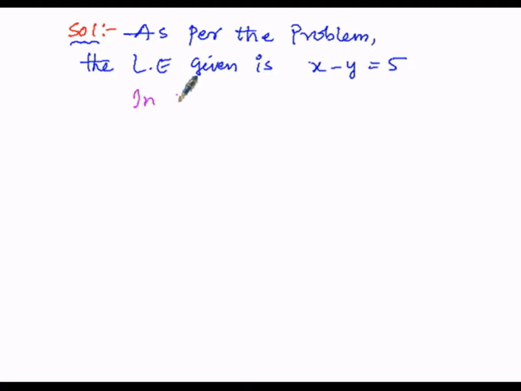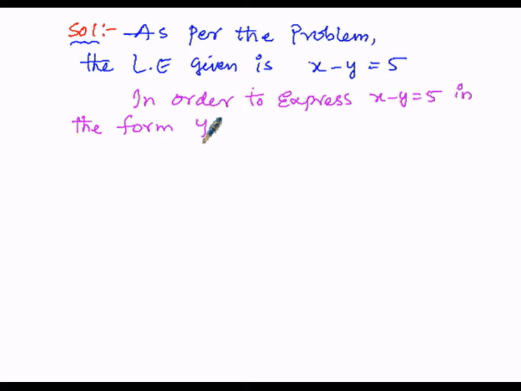So, here in order to express x minus y equals 5 in the form y is equal to mx plus c, we have to make y the subject whose coefficient must be 1, must be positive.